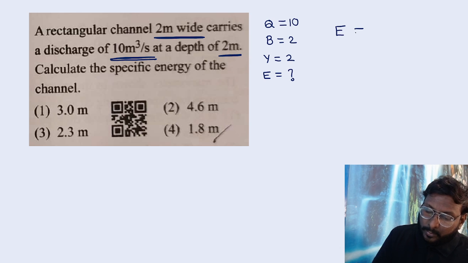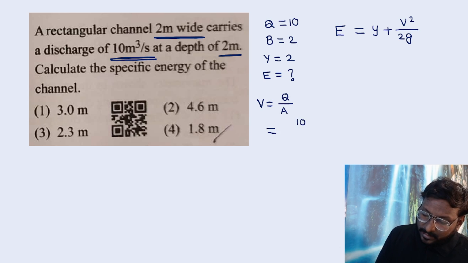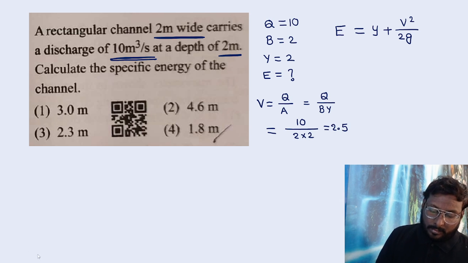Specific energy formula is y plus v square upon 2g. So v is equal to discharge by area. It is a rectangular channel, discharge 10, so area is 2 into 2. So velocity is 2.5 meter per second.